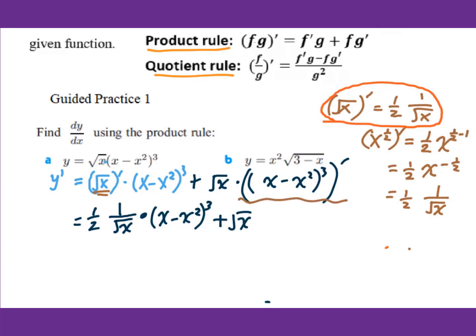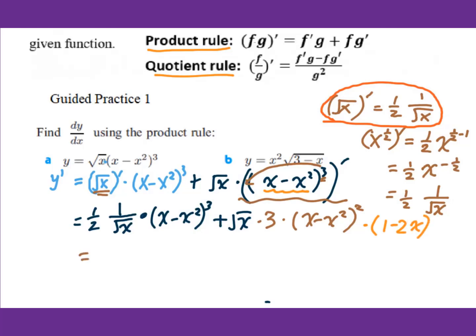You have to use the chain rule for this derivative. Drop down this 3. You will get 3 times x minus x squared, squared. Then multiply the derivative inside. That will be 1 minus 2x.